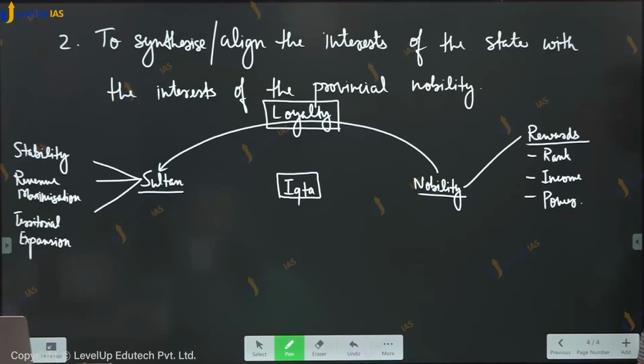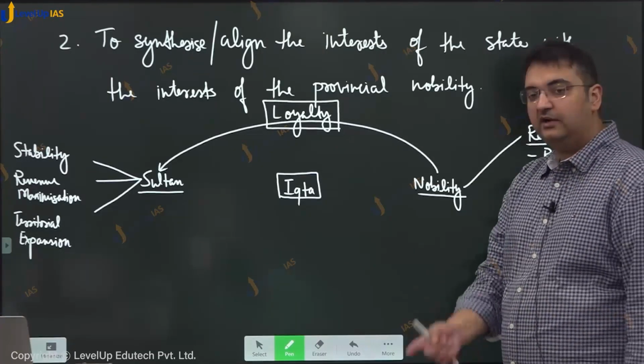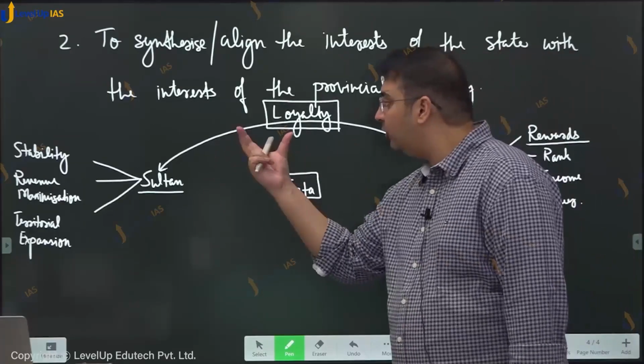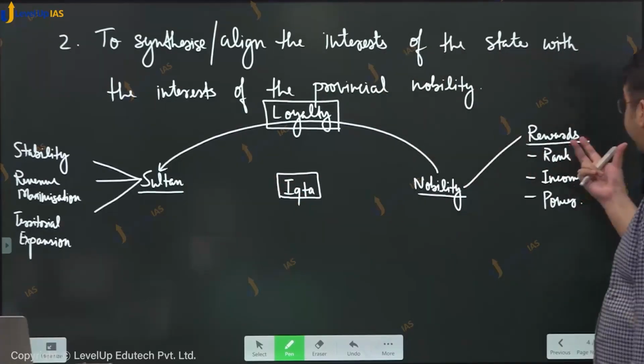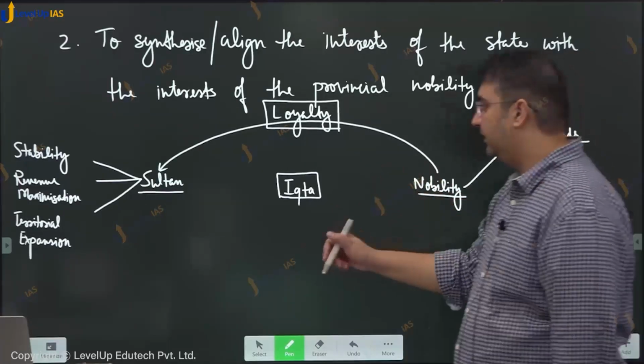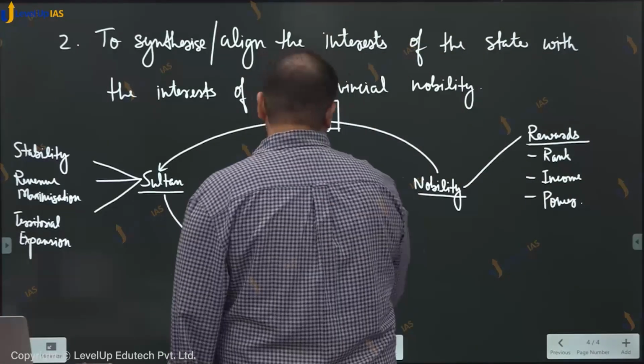And what was that one instrument which the Sultan could use to satisfy these expectations of the nobility? By giving them one thing he could reward them, and that was more iqtas, or larger iqtas.